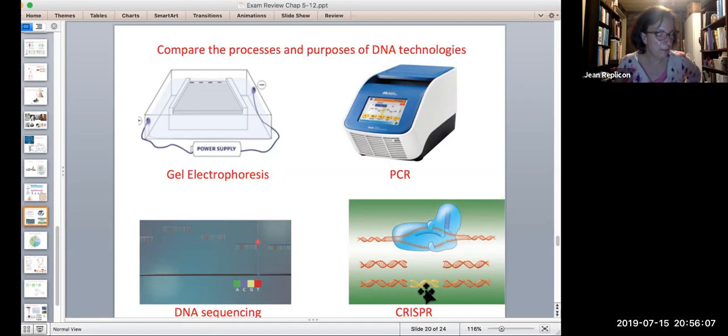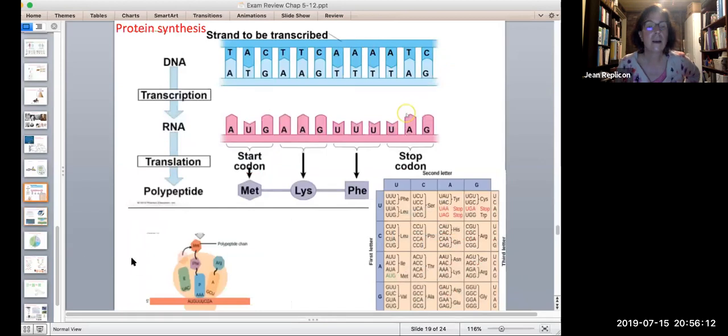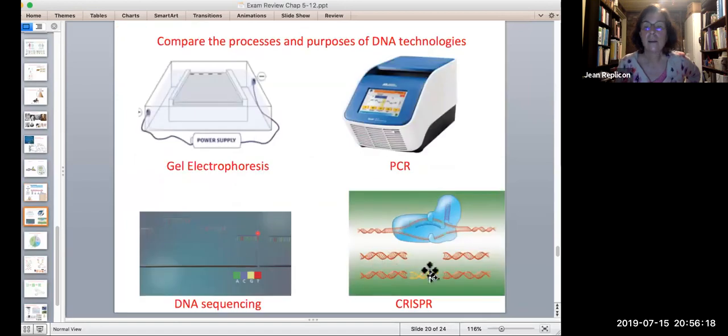CRISPR is an amazing technology because of its accuracy, and you can direct it, having it go to a specific location and make the change in a very accurate way. So it's like programming a chromosome by putting another piece exactly where you would like it. And from that, they've been able to create drought-tolerant plants or hardier plants.